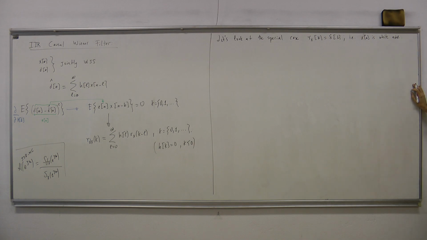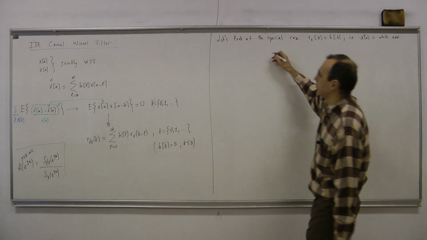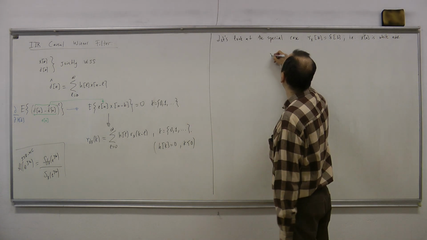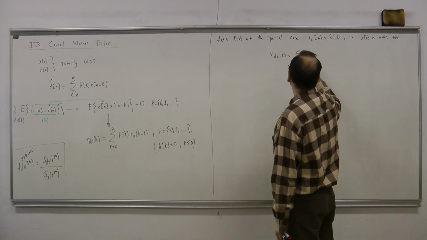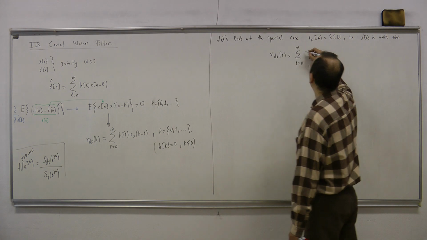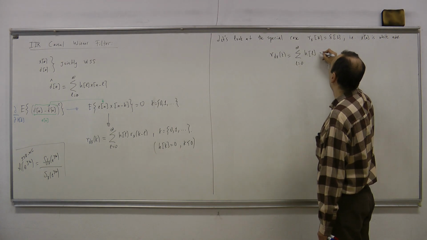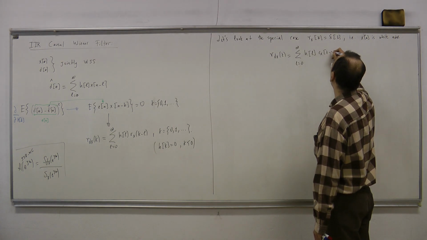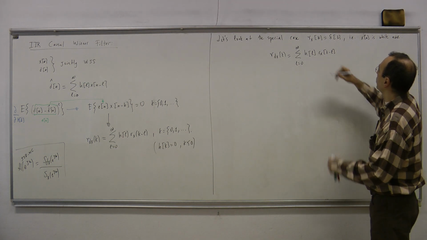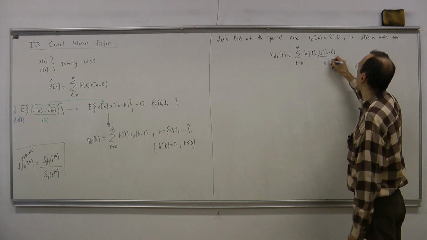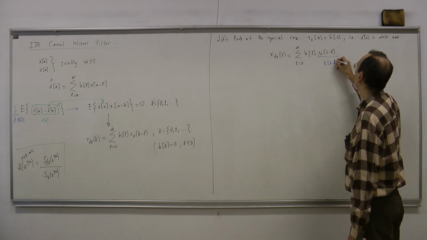If I look at that special case, what do I have? Let me write this equation one more time. R dx of k is the sum over L from 0 to infinity of h of L times Rx of k minus L. But in this special case, this is nothing but delta k minus L.